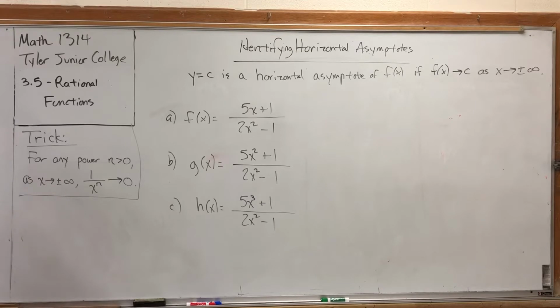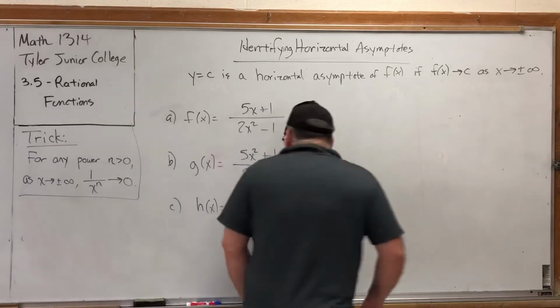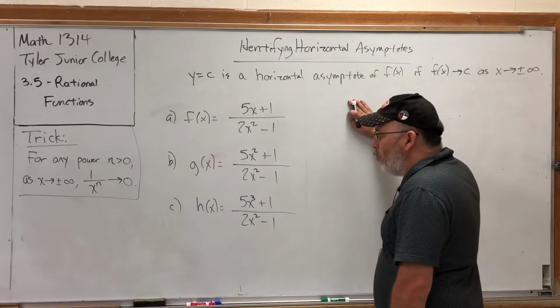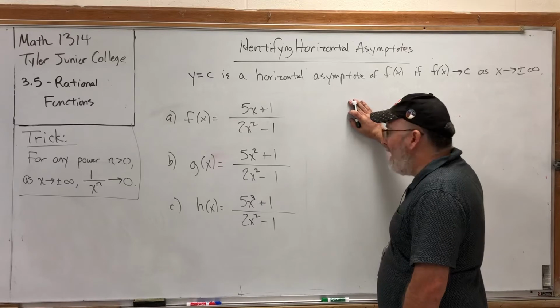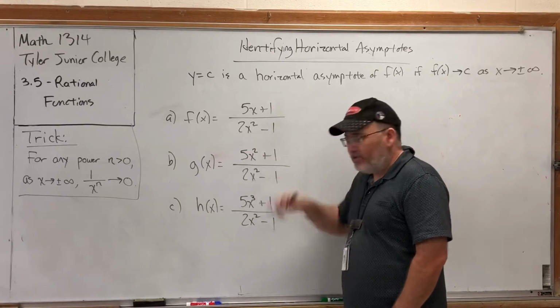How small? As close to 0 as we want. So we're going to take advantage of the concept that the reciprocal of a positive power of x will vanish to 0 if x is allowed to get larger and larger and larger, either positively or negatively. But how can we use that here? Nowhere in any of these functions do we have 1 over x to a power. We got an x, we got an x to the power down here, but nowhere is there a 1 over.